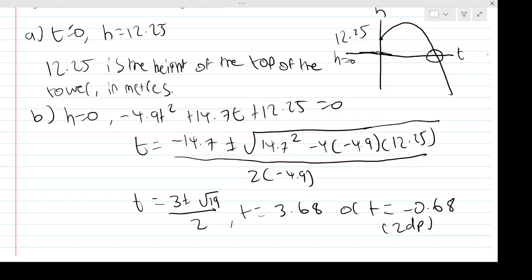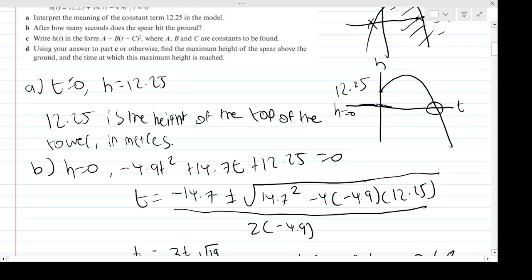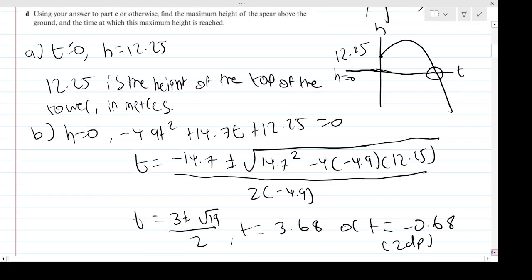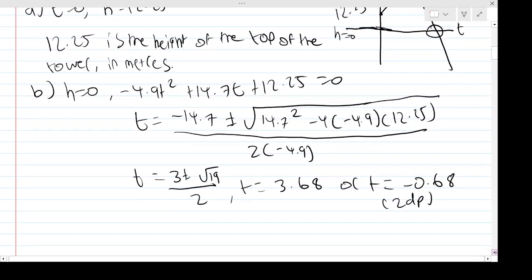Okay, but we've got two values. But remember again, back to the question, t is time. And specifically, it also says t has to be greater than or equal to 0. It has to be non-negative, right? It cannot be negative. So really, we must only take the positive answer, right?